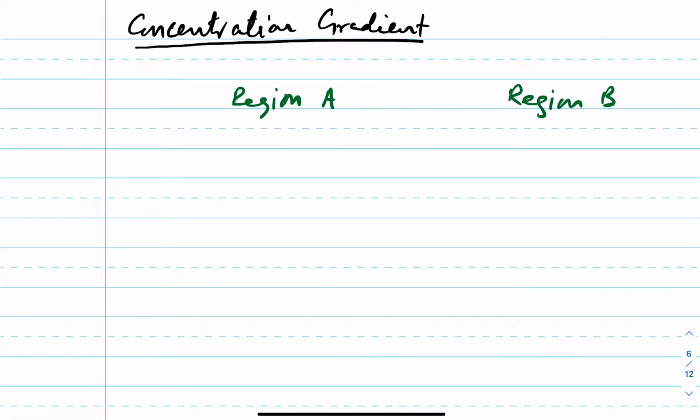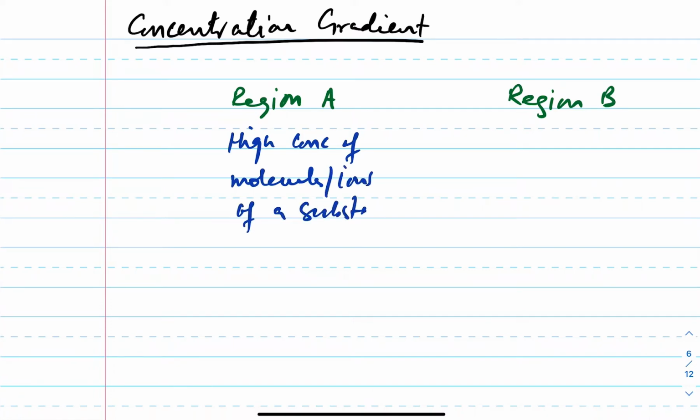If a substance has high concentration in region A, if this is high concentration of molecules or ions of a substance on the A side, and it is low concentration of the same molecules or ions on the B side.